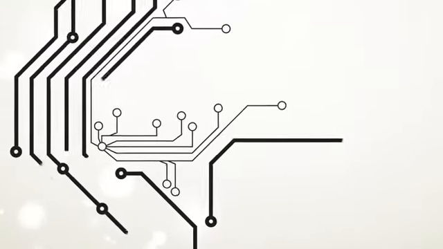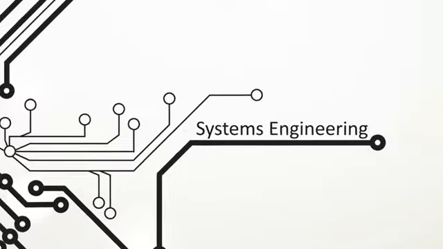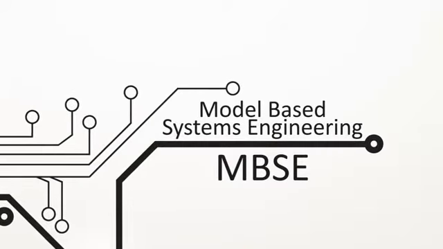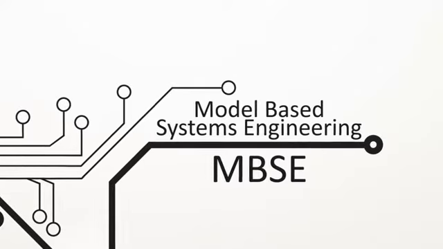In the course, we connect the concept of the digital thread with the practices of systems engineering to create the discipline of model-based systems engineering, or MBSE. We also integrate the concept of the digital thread and the practice of systems engineering with those concepts developed in other courses of the specialization, creating a vision for a model-based enterprise, or MBE.